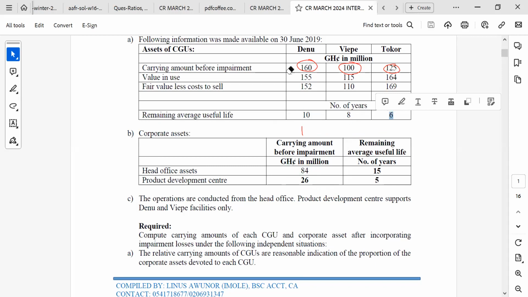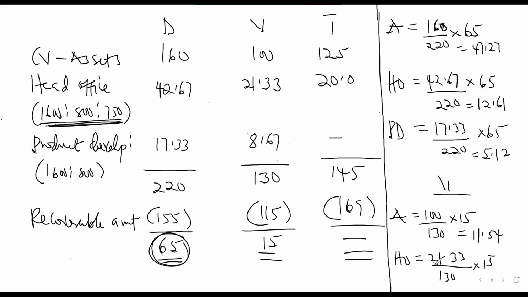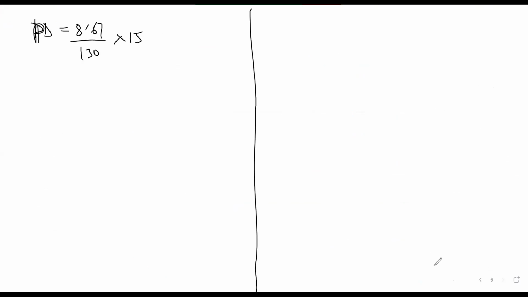All right. So let's now look at the share of the head office under the V. It is 2.46.